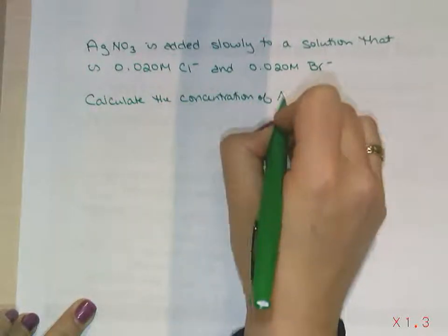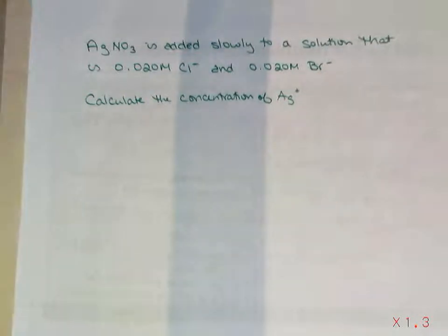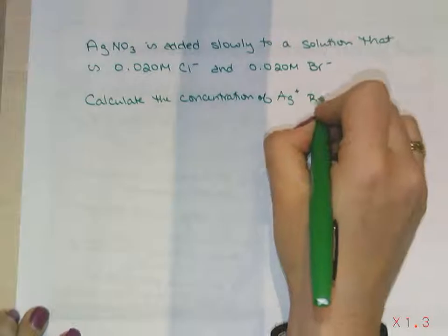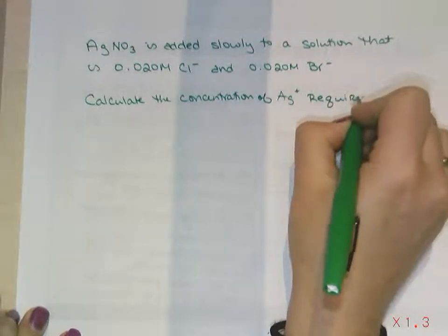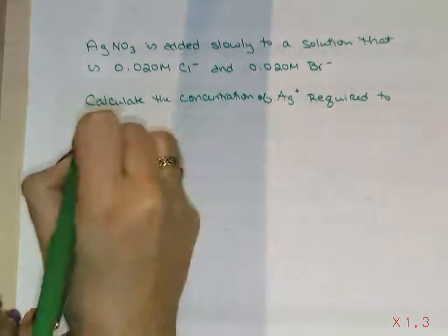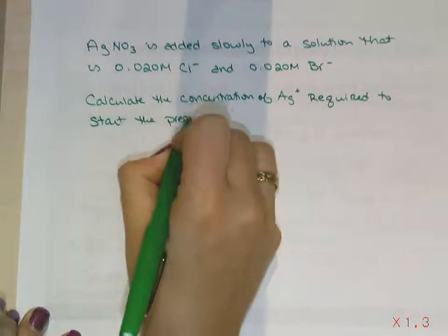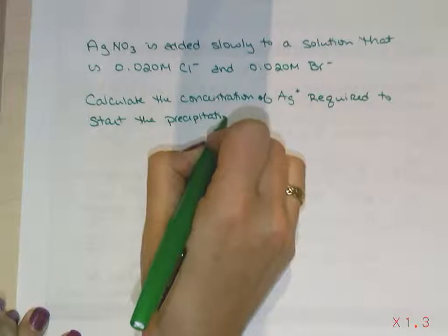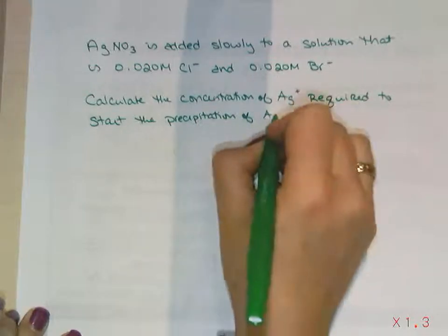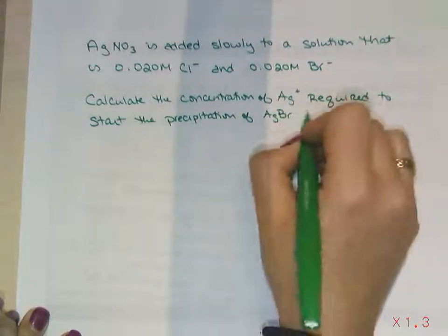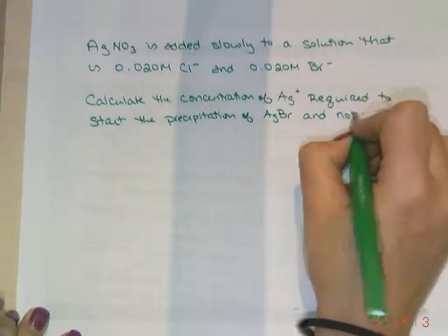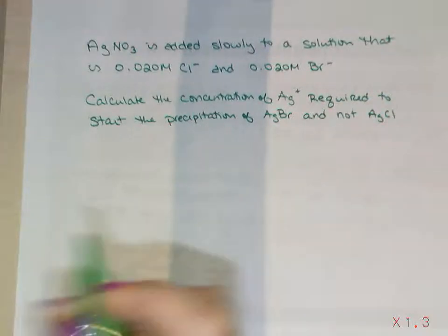I want us to calculate the concentration of silver ions. I want us to precipitate silver bromide and not precipitate silver chloride.